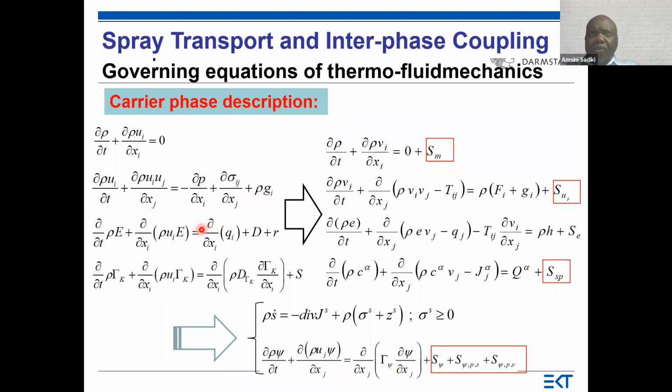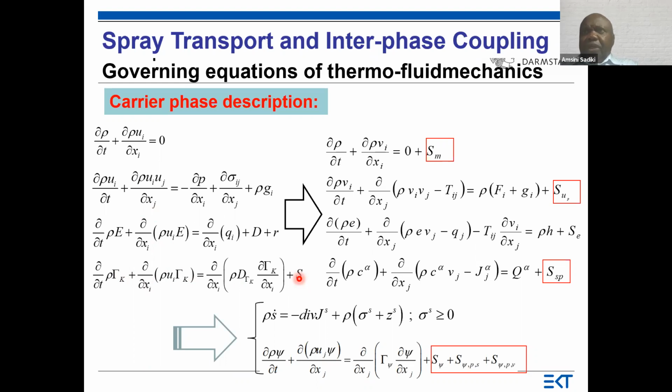Now we have the total energy equation, now the internal energy equation, and we have the heat flux, and here the dissipation part and radiation part, and also the concentration equation. Naturally, everywhere this part is the convective part, the diffusion part, and here the chemical source term.